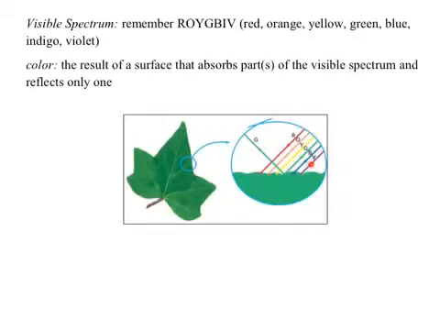So specifically for green, all these colors are absorbed except for green. Sometimes when you see shades, that's because certain parts are absorbed and then there's a combination that is reflected. The result of all the colors being reflected is the color white. And when all the colors are absorbed by a certain material, the pigment that you're seeing there is black.